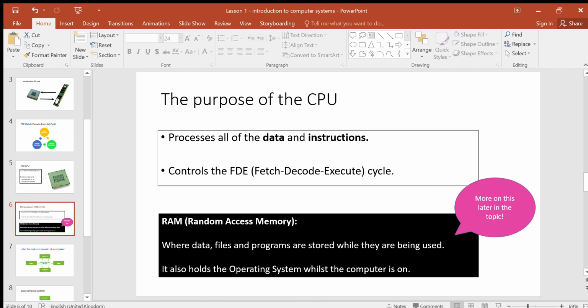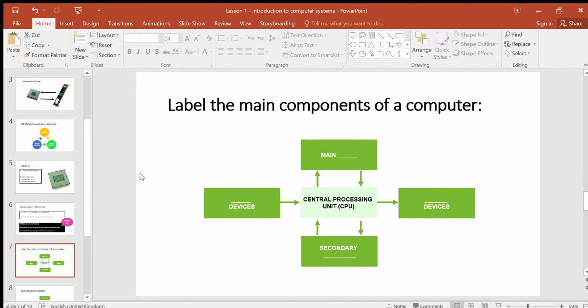So, before we go any further, I would like you to do a quick recap. Can you please get a piece of paper and a pen in front of you if you haven't already? Pause the video and complete this diagram. Once you've completed the diagram, you can then unpause the video as I will put the answers on the screen now.